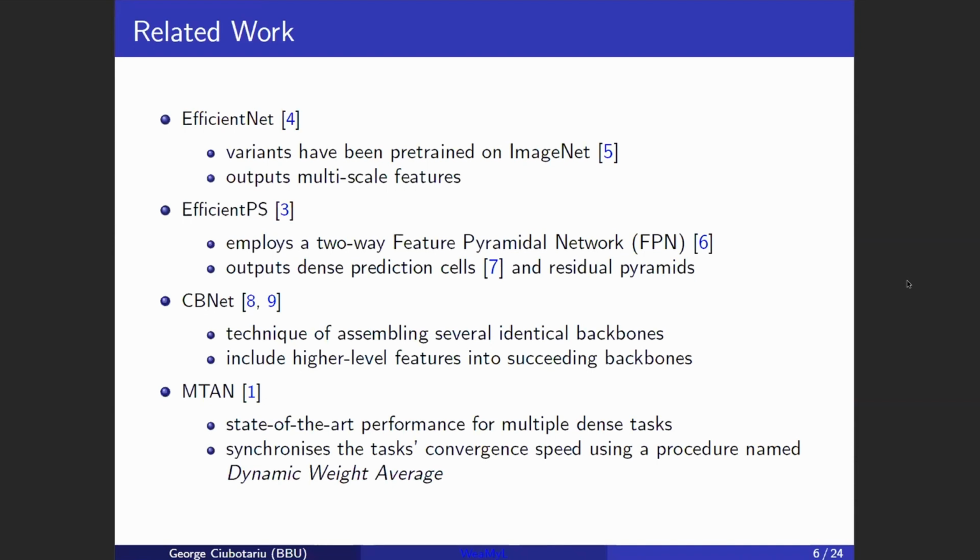So this DWA is used by us to ensure that we do not overfit our network.